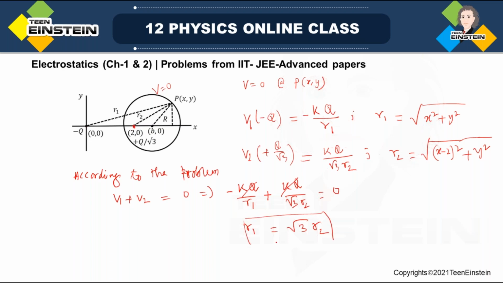So this is a relationship between R1 and R2 we get. Now if I put the value of R1 and R2, in fact we can just make them square, so this root 3 will be 3 then.